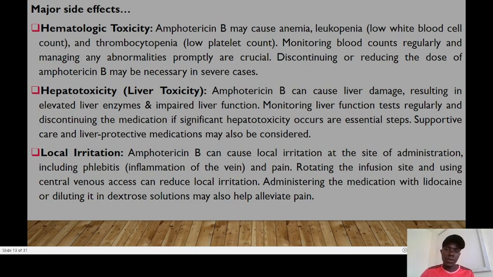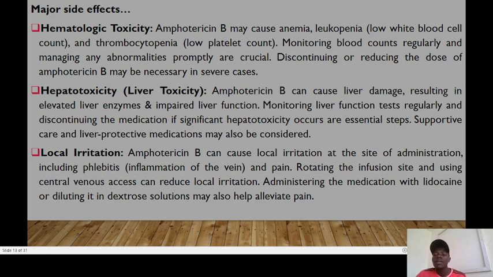The other side effect is hematologic toxicity. Amphotericin B can also cause anemia, leukopenia, and thrombocytopenia. So monitoring these blood counts regularly and managing any abnormalities is required. We could also discontinue or reduce the dose of amphotericin B if necessary. Amphotericin B can also cause liver damage resulting in elevated liver enzymes.